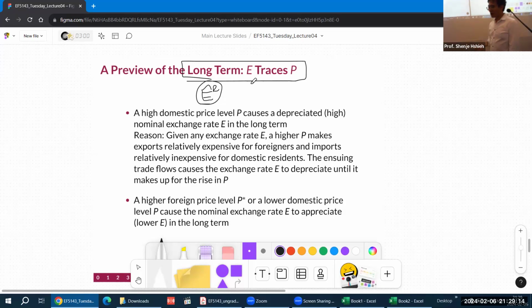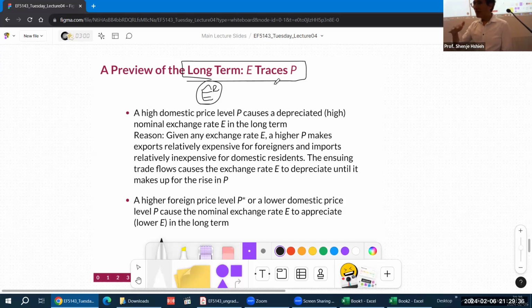And if prices overall are increasing, then E must also follow the same trend. So prices are rising, all asset prices are rising, everything's more expensive. And so E should also follow P. Okay, so in the long run, that's what you should see.